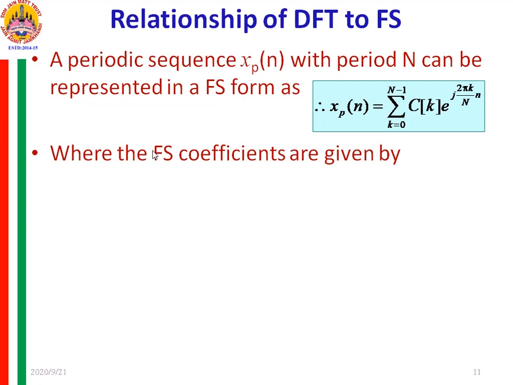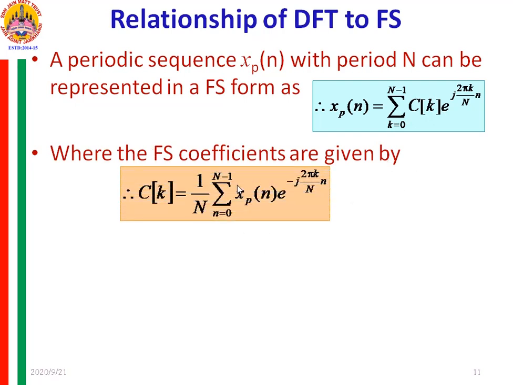The Fourier series coefficient ck can be expressed with the inverse DFS equation as ck is equal to, this is not the inverse equation, this is the inverse equation, and this is by obtaining the Fourier series coefficient from xp of n.